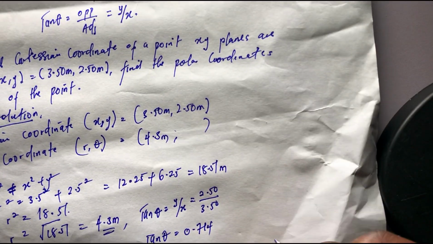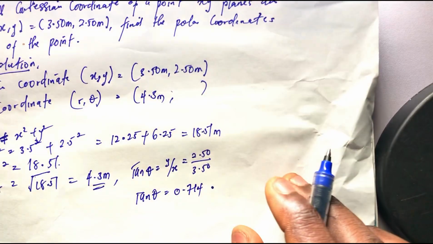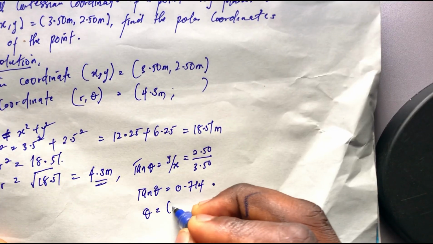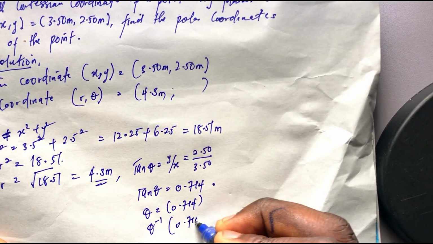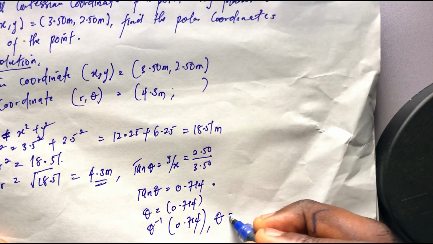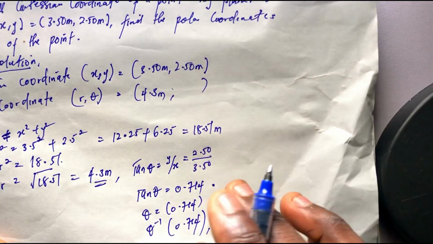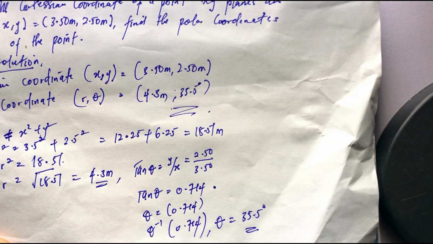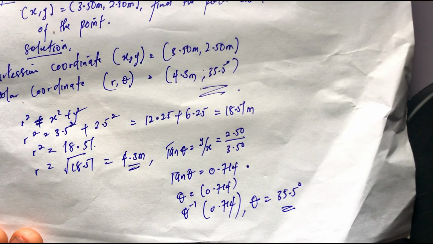So theta is the tan inverse of 0.714, which should give approximately 35.5 degrees. So we can represent it back here as 35.5 degrees, and that's my answer. That's how to convert the Cartesian coordinates into the polar coordinates.